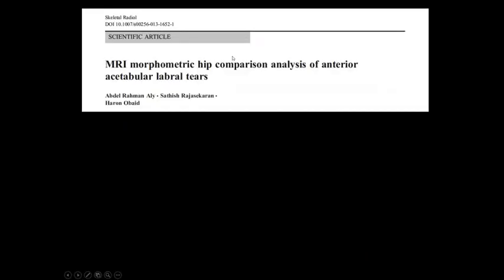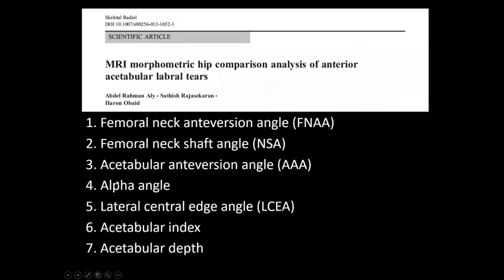So we published our article in the journal Skeletal Radiology, and we described all the morphometric measurements of the hip joint in patients with iliopsoas impingement. These are the measurements we routinely perform on patients with hip impingement in general.